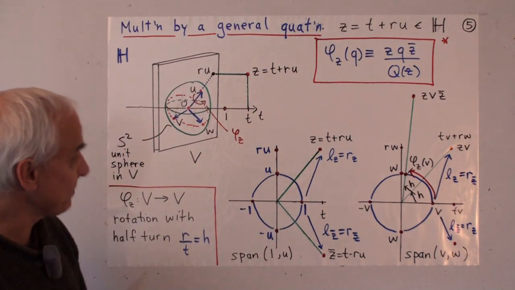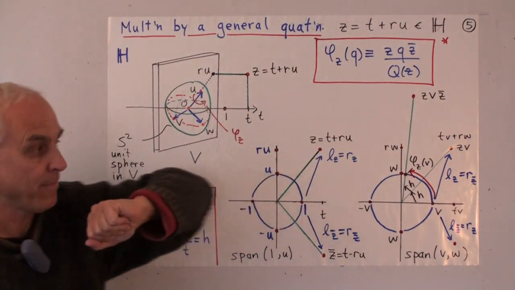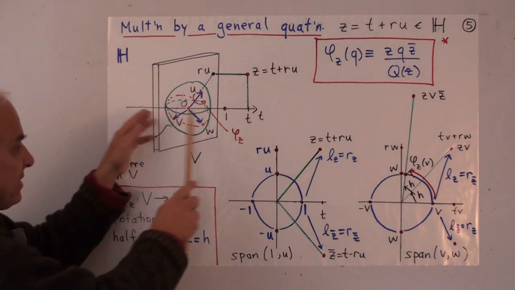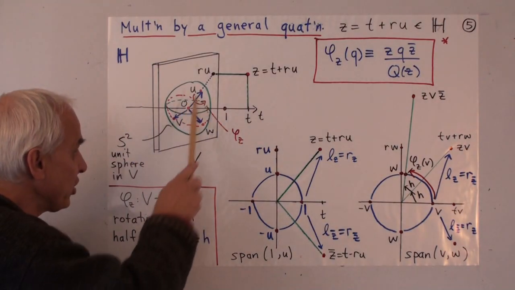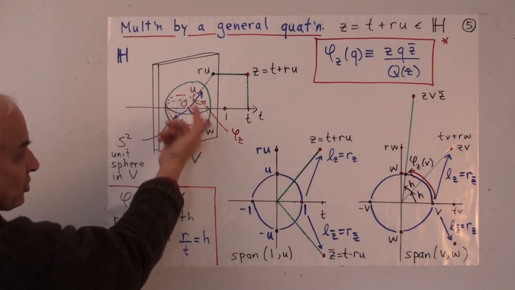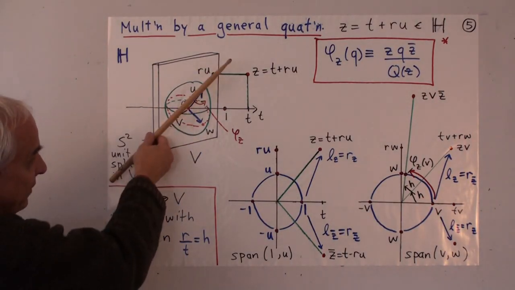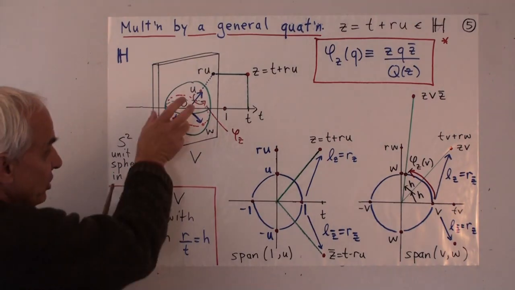So to summarize, what happens when we perform this particular combination is that it leaves the u direction unchanged, but it rotates in this three-dimensional space along the axis of u. And how much does it rotate?